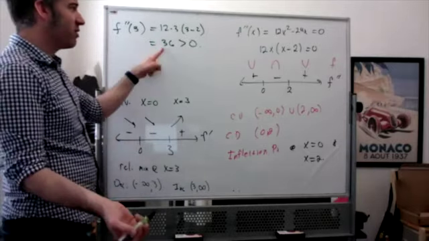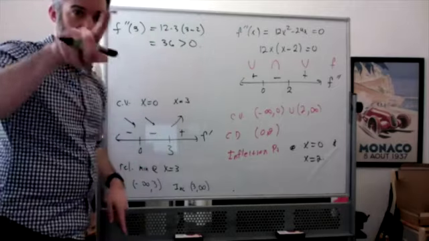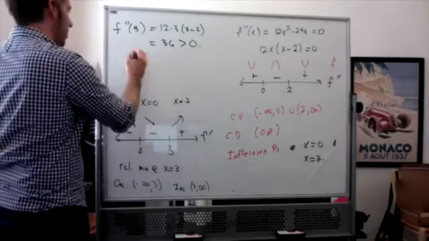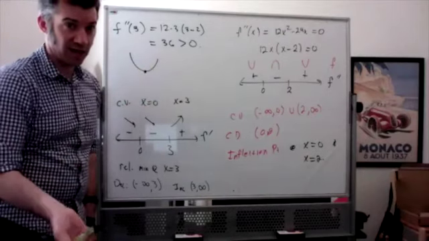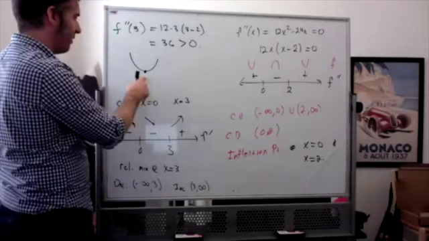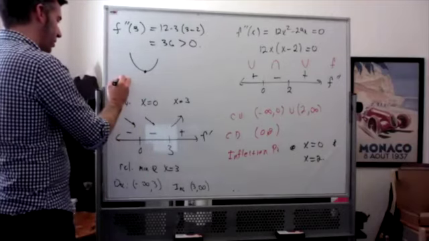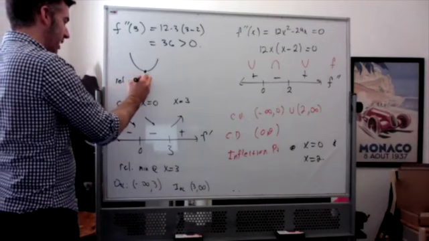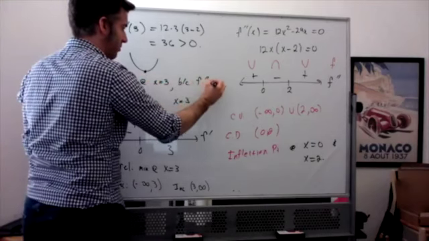But since the second derivative is positive, that means at 3, the function is concave up. So at 3, which is either a max, a min, or neither, the function is concave up. Well, that means it has to be a minimum. So we know that we have a relative minimum at x equal to 3 because f double prime of 3 is positive.